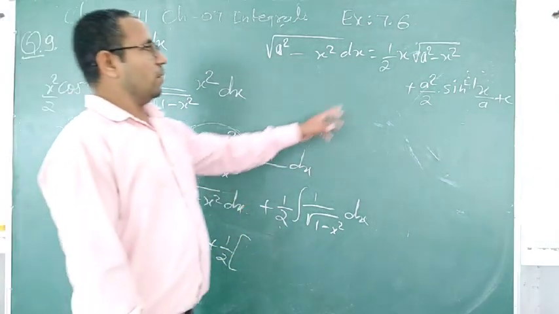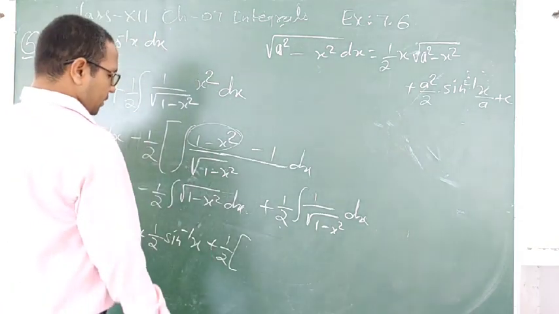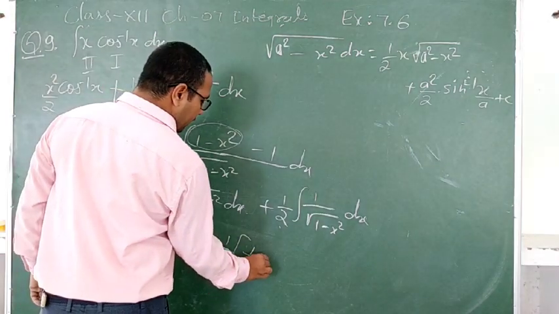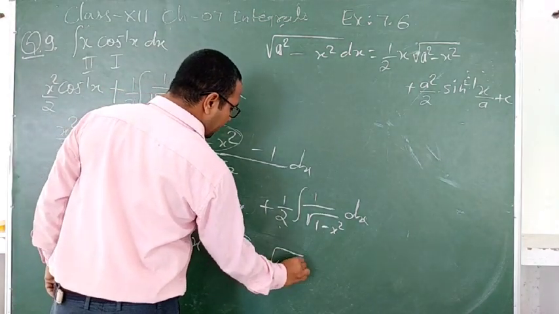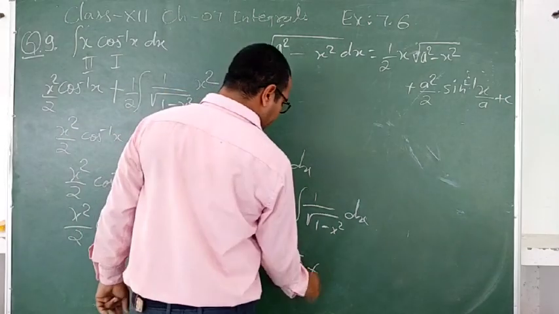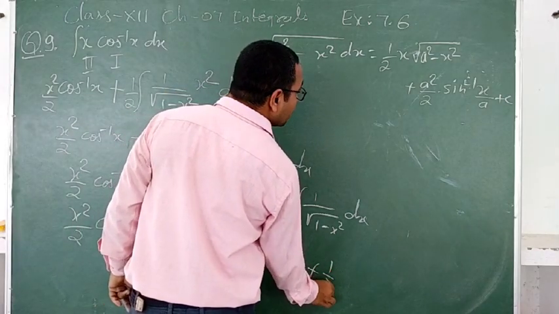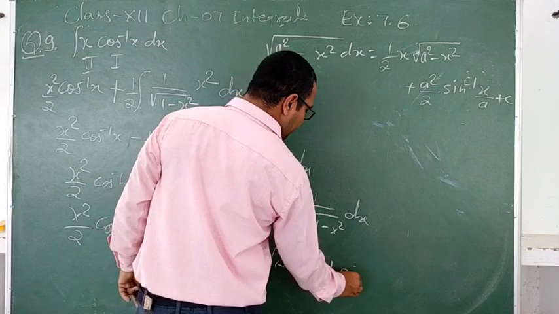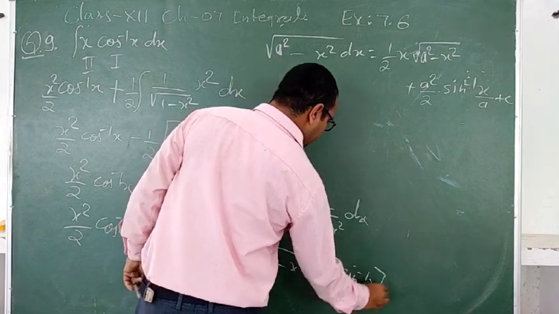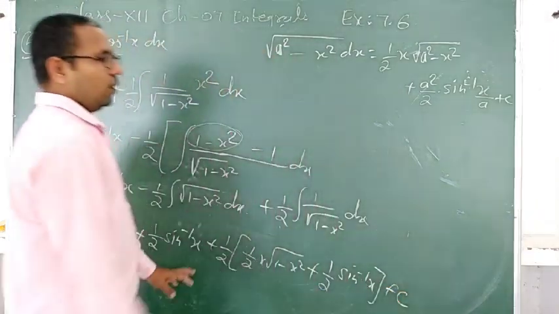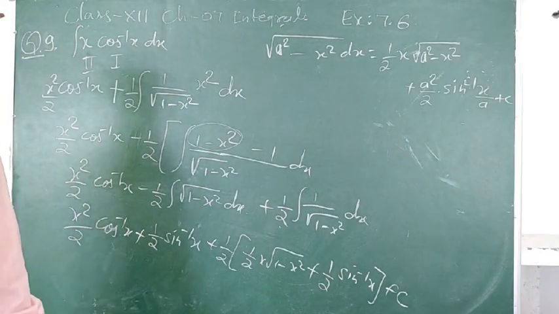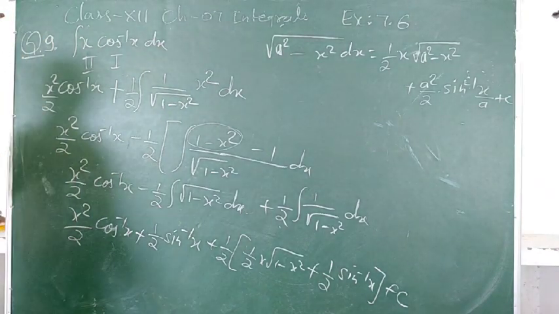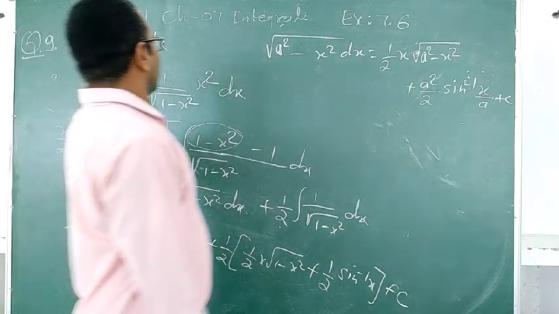So this formula will become what? 1 by 2 x root 1 minus x square, and a value is 1, so plus 1 by 2 into sin inverse x plus c. So now we have to arrange this, and that will be our answer. So let's arrange these solutions.